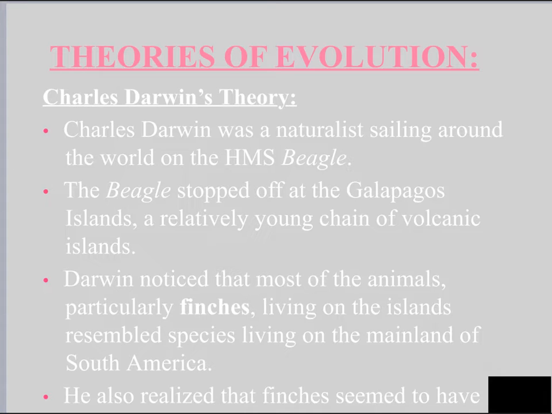And he noticed that their beaks were linked to the kind of food that they were eating. So there were some finches that had large, wide beaks that were good for crushing large seeds, and there were some with smaller beaks that were good for crushing small seeds, and there were some that were really long and pointy that were good for digging in the ground, looking for grubs and insects and things like that.